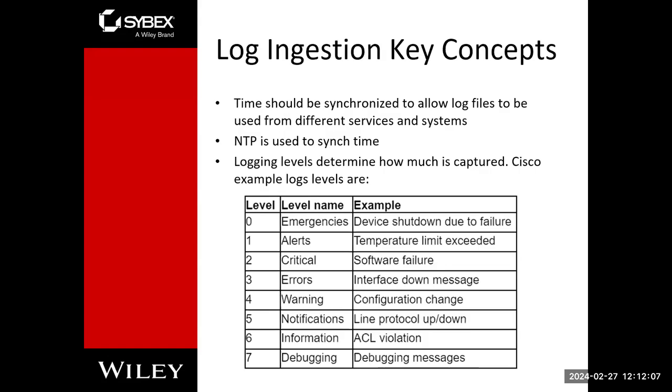And the first one's going to be log ingestion. So the key things here are going to be how logs are cataloged, how they are saved, how they are captured, and we use what we call logging levels for that. So this is the typical logging levels that you see in a syslog environment. Cisco follows these.